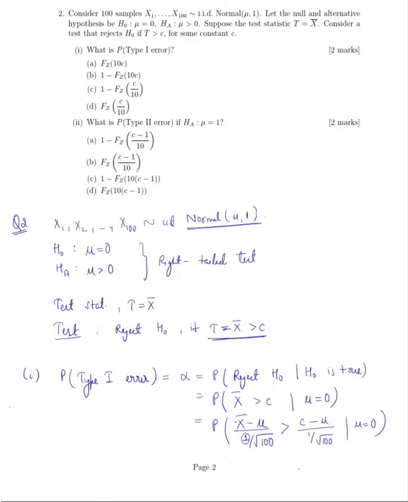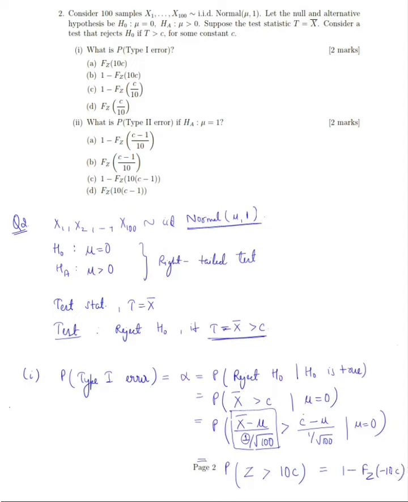Now we know that x bar minus mu divided by 1 upon under root 100 is nothing but our Z, capital Z. After substituting mu equals 0, it becomes c minus 0 divided by 1 upon under root of 100. So it is 10c.